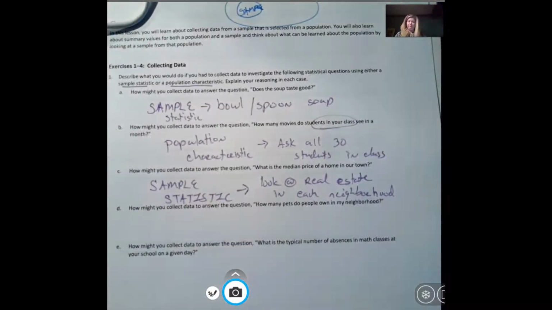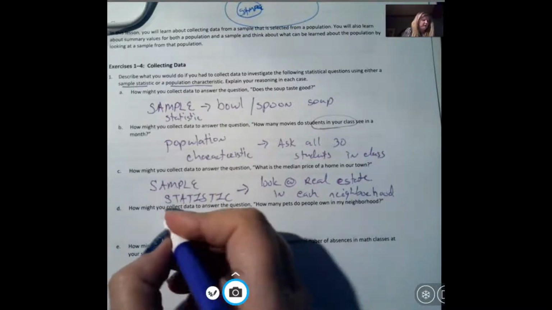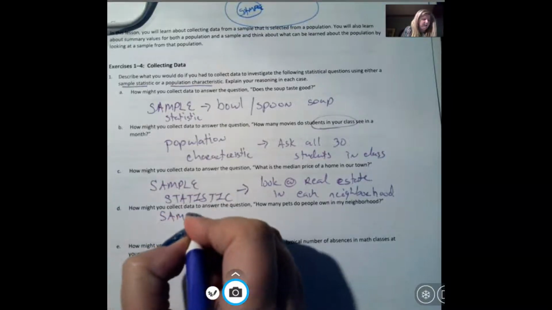Now, how might you collect data to answer this question? How many pets do people own in my neighborhood? Well, it's really going to depend how big your neighborhood is. It could be reasonable to ask all the people in your neighborhood. If there's 10 houses, it might not be safe. I'm not sure. But I think here I would rather use a sample statistic.